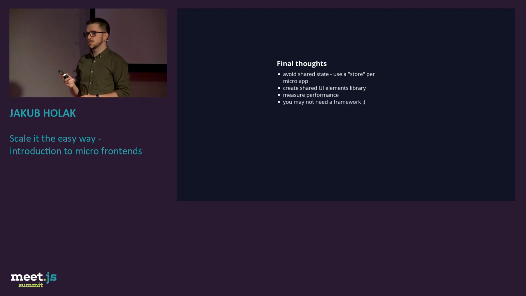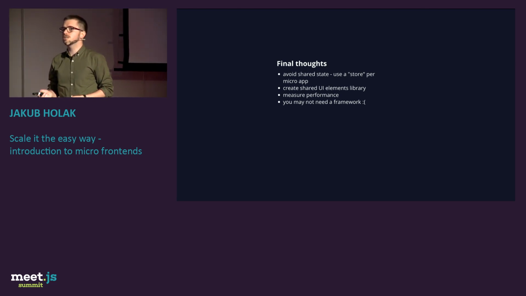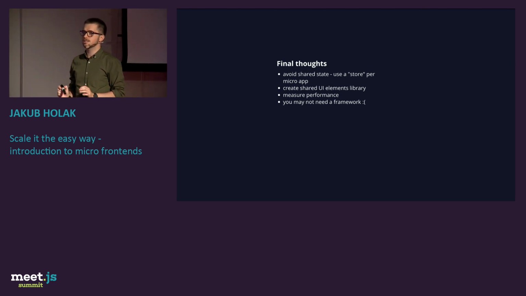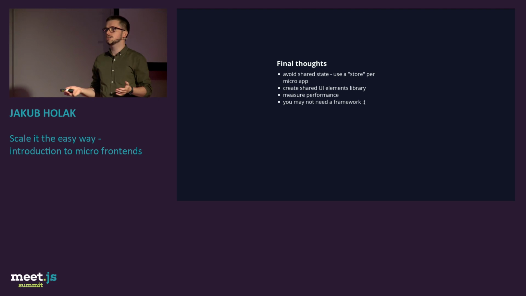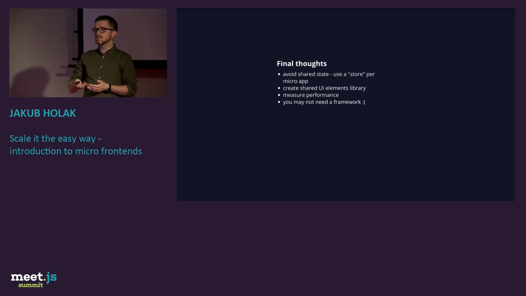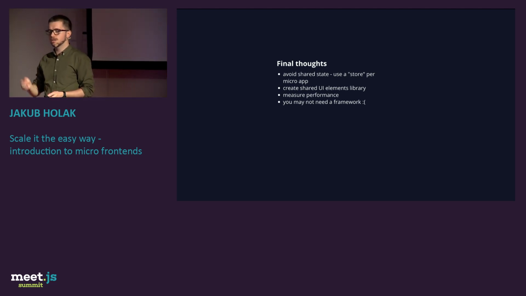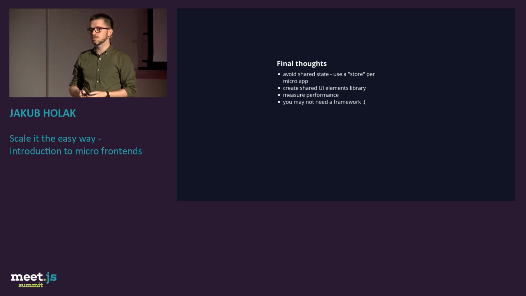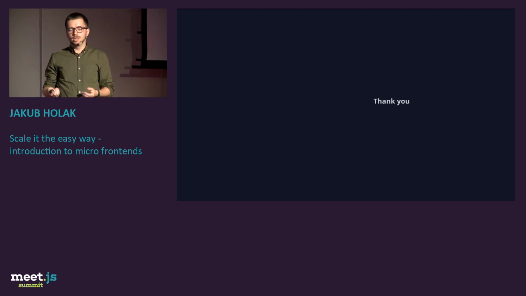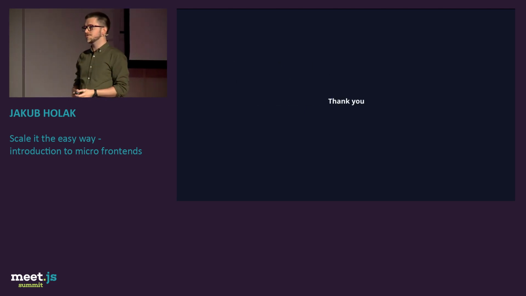And the last thing, you may not need a framework, because we all love frameworks, but if you provide micro frontends that are small enough, vanilla.js may be something that will work for you, because the area of responsibility for each micro app will be really small, and the complexity as well. So that's all about micro frontends for now.